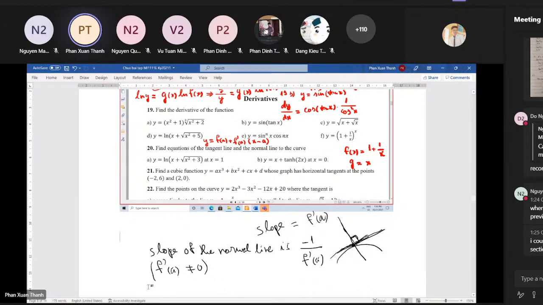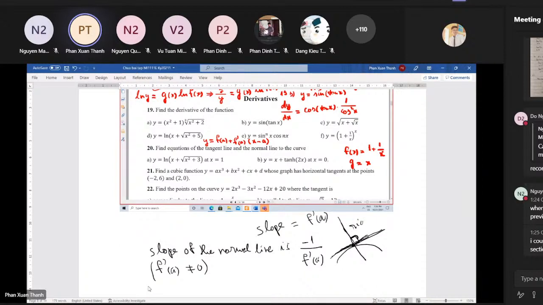So the normal line meets the curve at one point only. What is the normal line? The normal line goes through this point and is perpendicular to the tangent line, or the angle between the two lines equals a right angle.